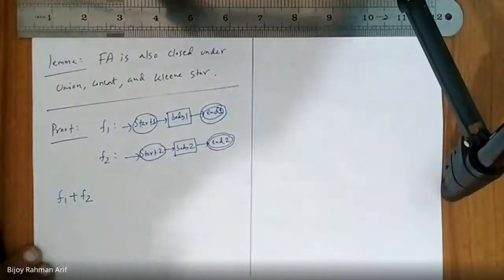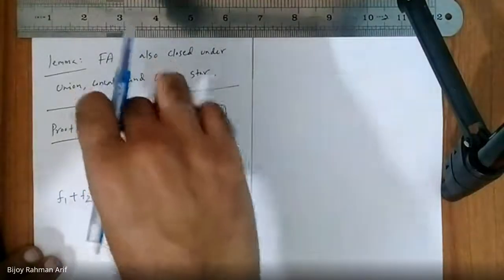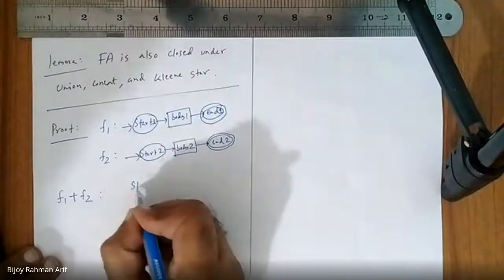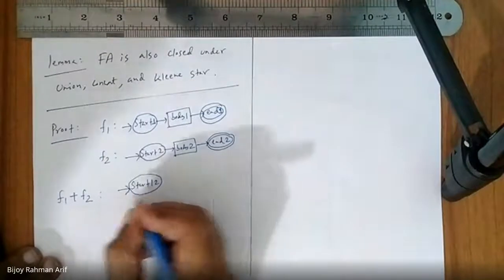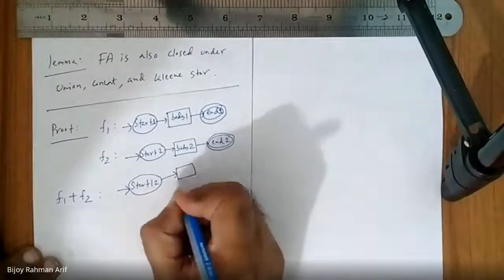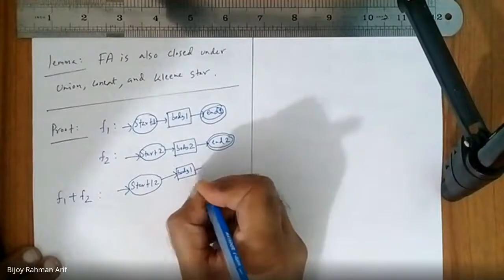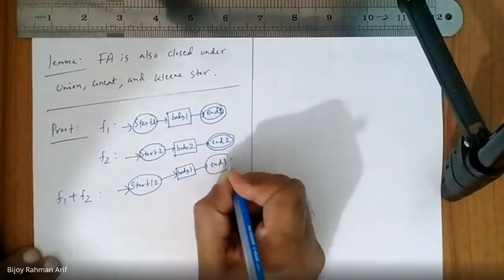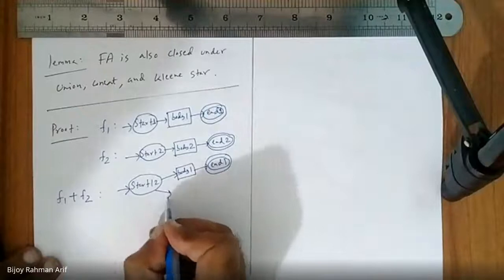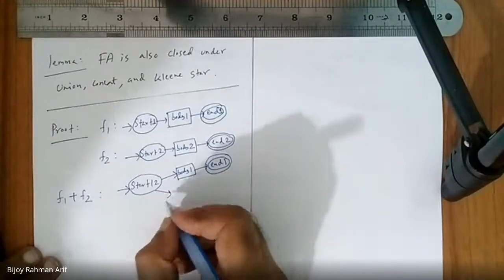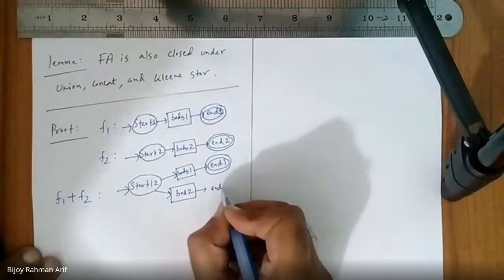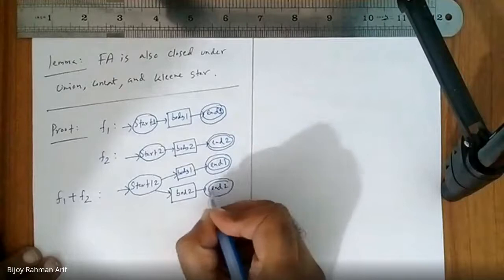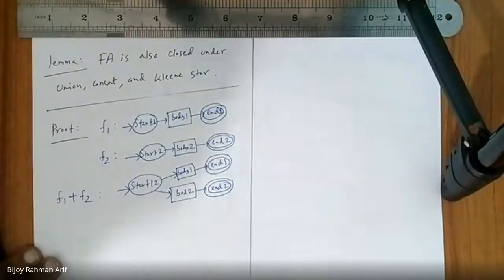What would be the case? We can do this thing. We merge the start states and create a branch: start 1,2, then body 1 and body 2. This is the union of finite automata.